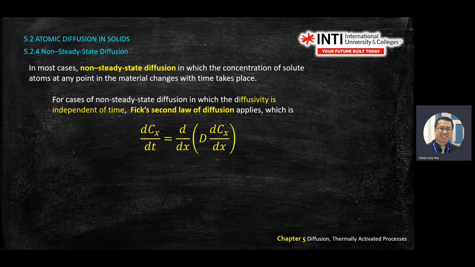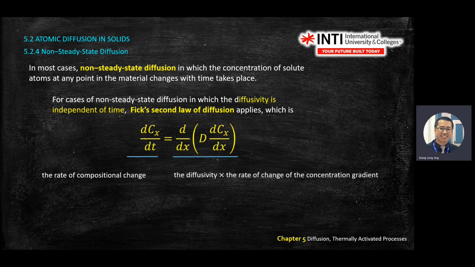So what you do, you take the T and you differentiate in time. So on the left is the rate of your C changes, your concentration change towards time. And this is the diffusion with a gradient.